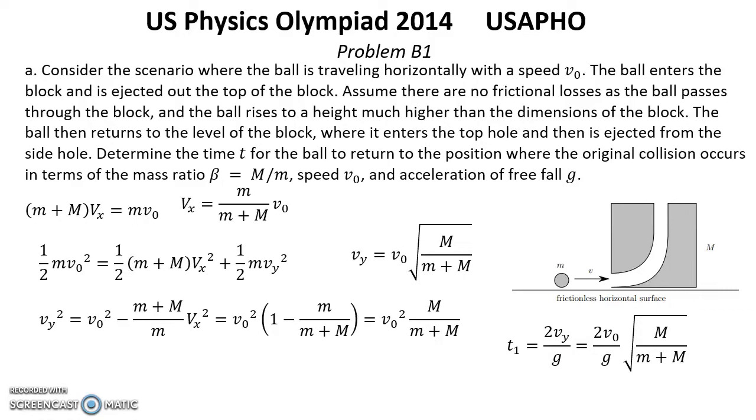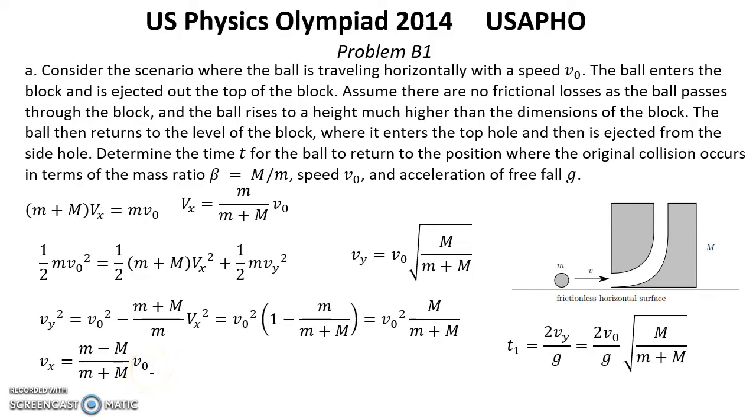And the last thing, we have to find the time for the ball to travel back to the initial point. Because we have absolutely elastic interaction, we can use the formula for velocities after an absolutely elastic collision. That will be this expression, (m minus M) over (m plus M) multiplied by V0.